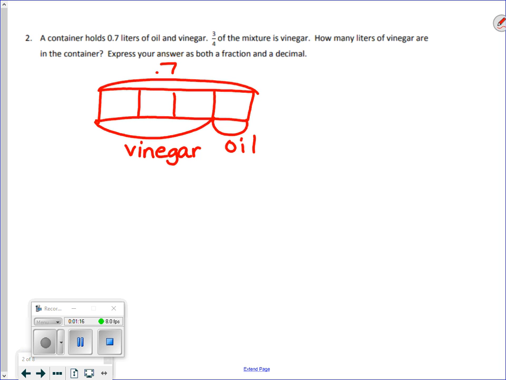So what would we do to figure out how many liters of vinegar are in the container? What would we do to solve that problem?